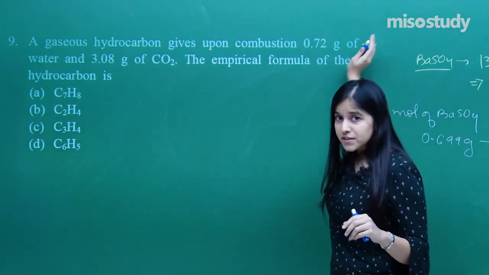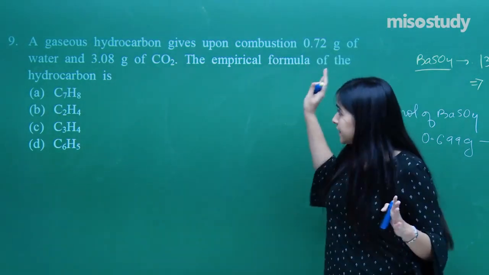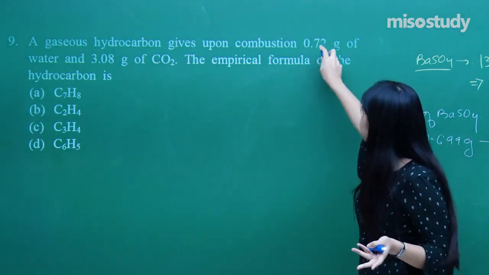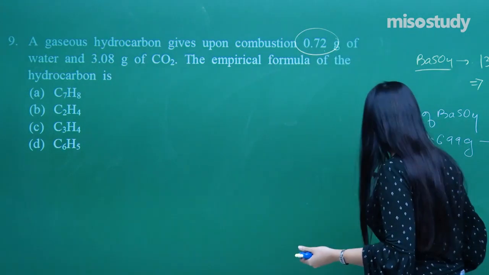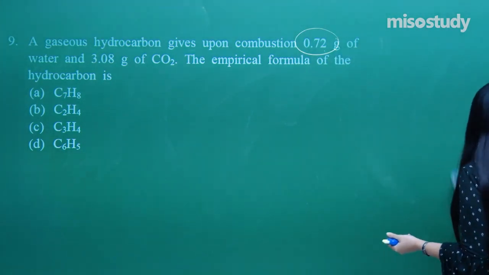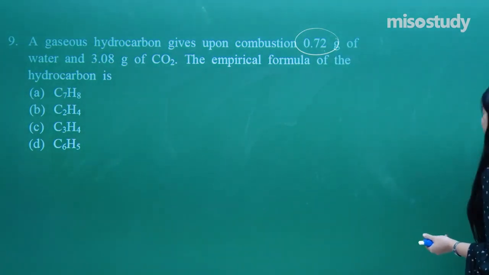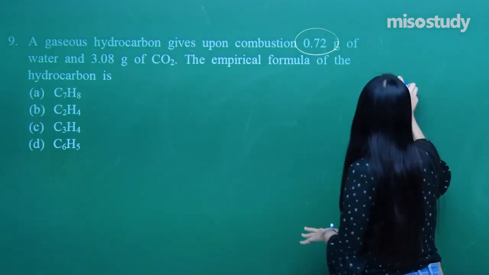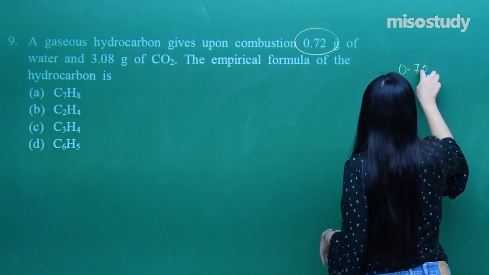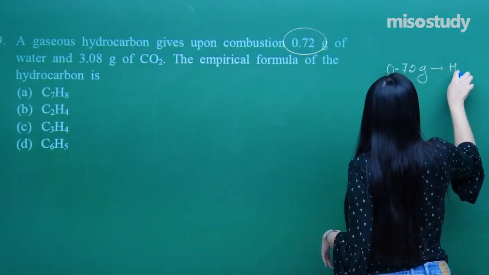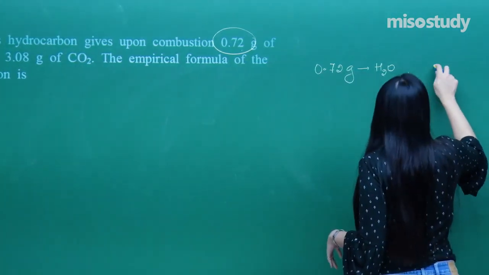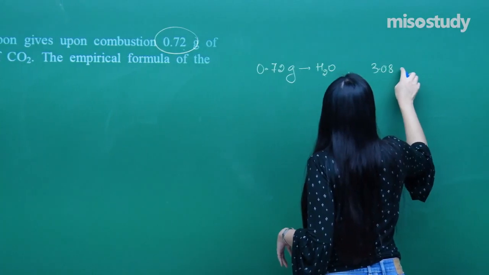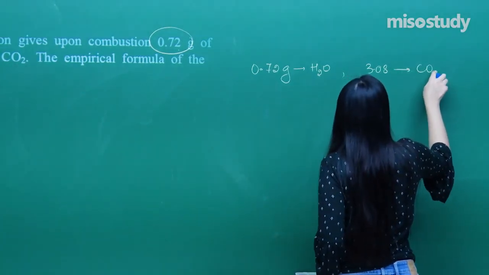Quite a simple one, but if you just read it very carefully, 0.72 grams is the water formed, and 3.08 is the carbon dioxide formed.